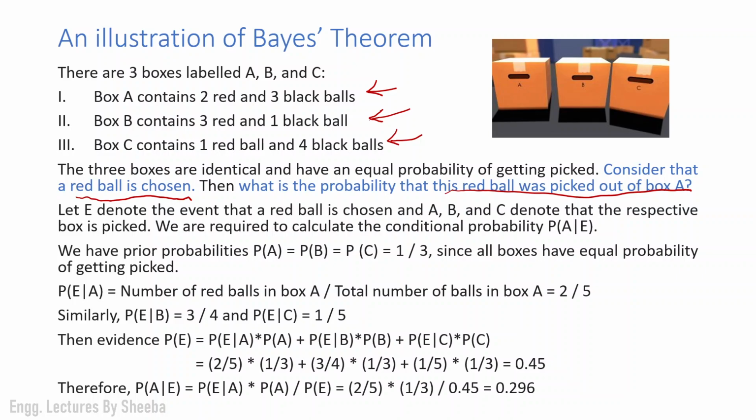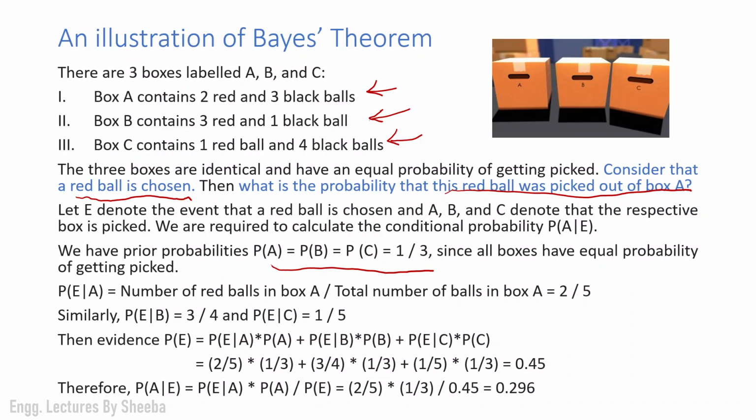So the prior probability, before the evidence, is the probability of choosing A, B, or C, each with equal probability. Three boxes are there, so choosing each box is 1 by 3. Box A is 1 by 3, box B is 1 by 3, box C is 1 by 3. This is the prior probability.